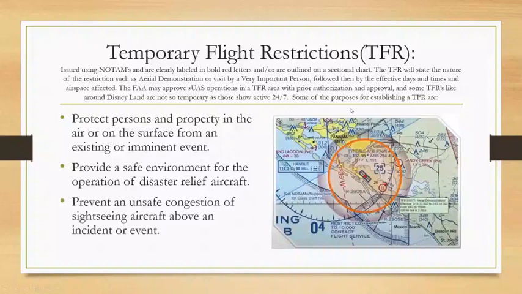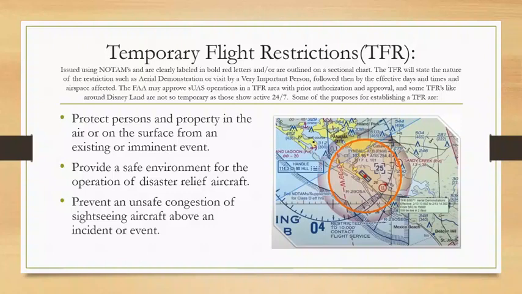So, final slide here, we have temporary flight restrictions as well. These are issued using NOTAMs and are clearly labeled in bold red letters and outlined on a sectional chart. The TFR will state the nature of the restriction, such as aerial demonstration or visit by a very important person, followed by the effective days and times of the airspace affected.